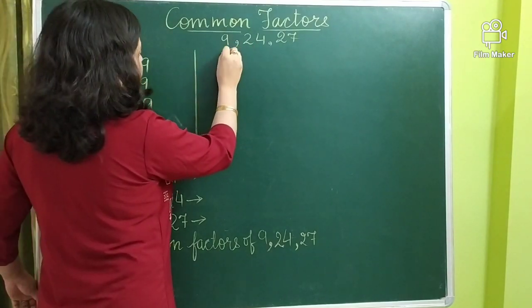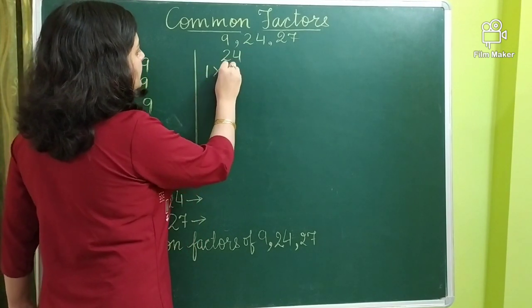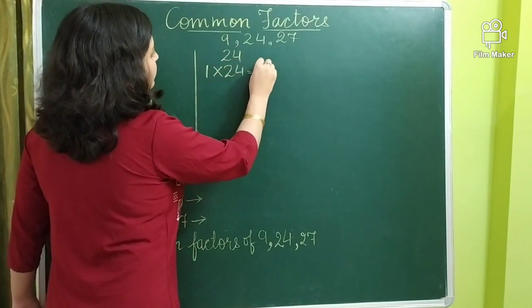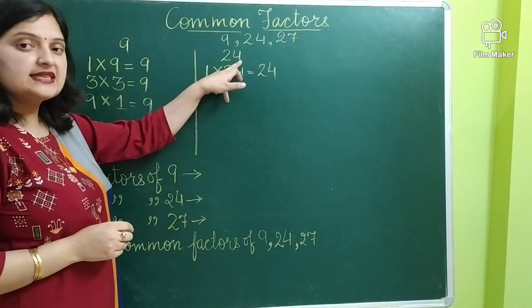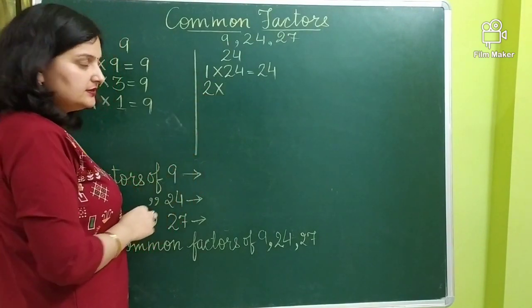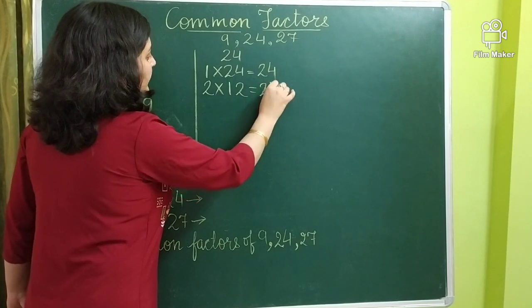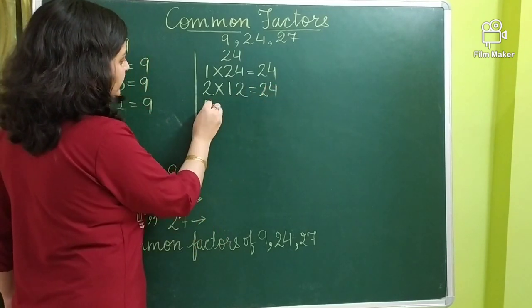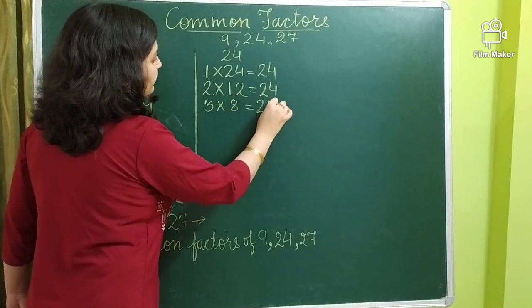Now we will find the factors of 24. We'll start from number 1. So 1 into 24 is 24. Now 24 is an even number, so 2 is one of its factors. So 2 multiplied by 12 is equal to 24. Now check it for 3. 3 eights are 24.